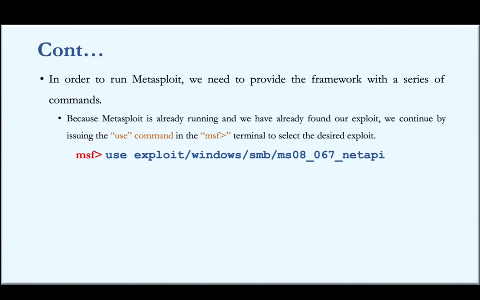So what is the matching module name which we identified? It is exploit/windows/smb/ms08_067_netapi. By issuing this command, you tell Metasploit to use the exploit that your vulnerability scanner identified.